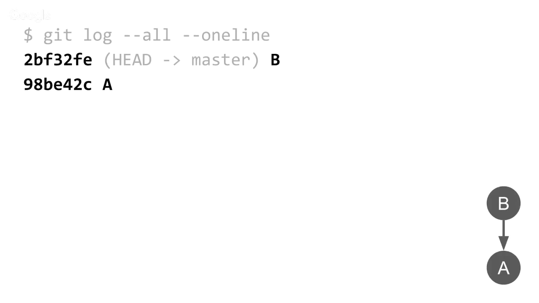Then we created another commit B, and then commit B has the parent, which is commit A. That's only 2 commits, but basically the whole repository is just a tree of commits, and commits are connected. We can say it's like a one directional linked list. Commits can also have more than one parent in case of merge commits and so on.